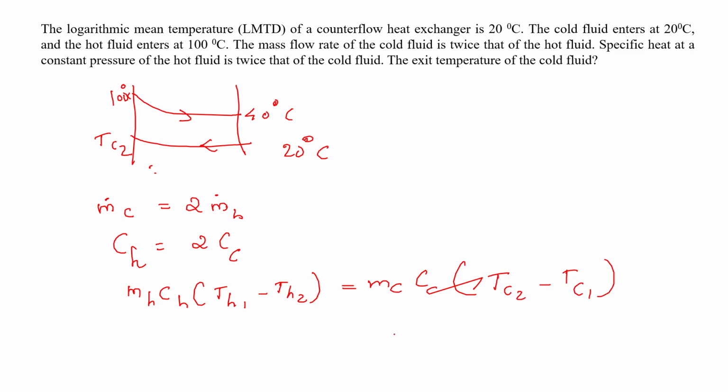Substituting the given relations for CH and mH, finally you will get TH1 minus TH2 is equal to TC2 minus TC1, because both cancel each other.